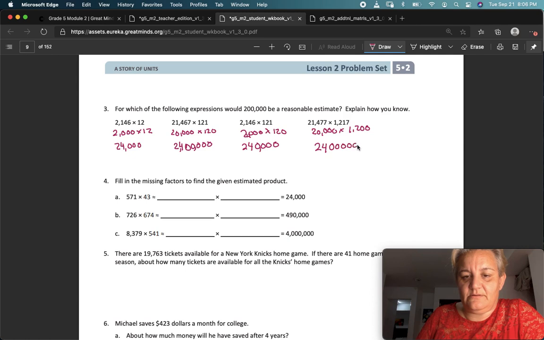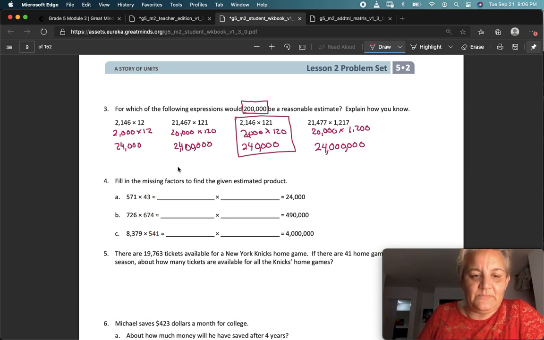Okay. So they said 200,000 would be a reasonable estimate for which one of these? Well, 24,000 isn't even close. 2,400,000, way too big. 240,000, close. 24 million, okay. So I'm pretty sure that this one right here is going to be a reasonable estimate.